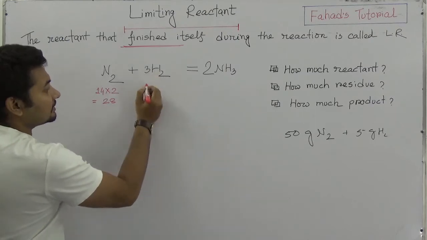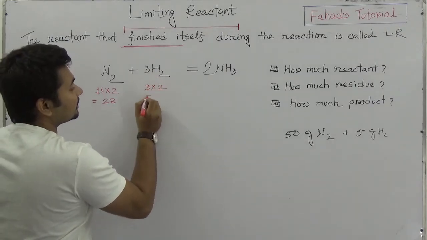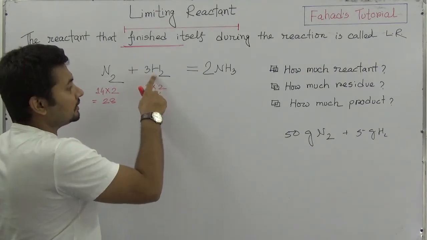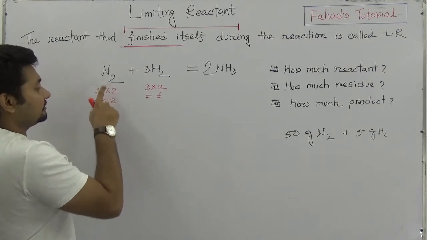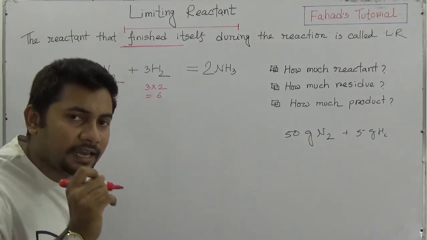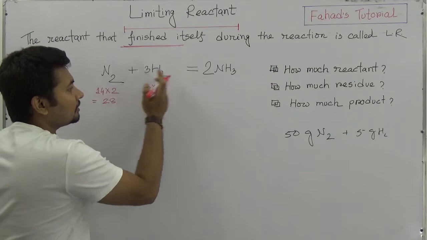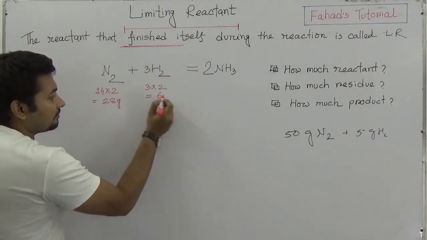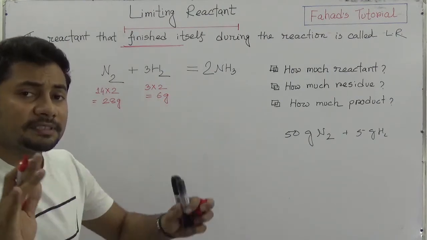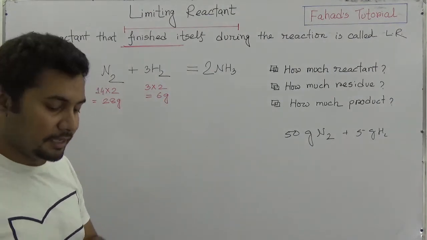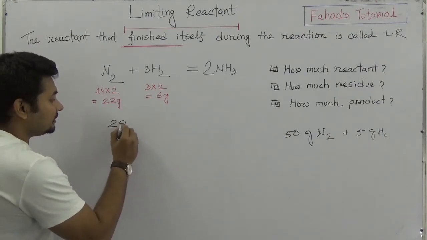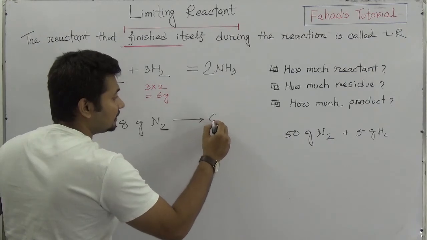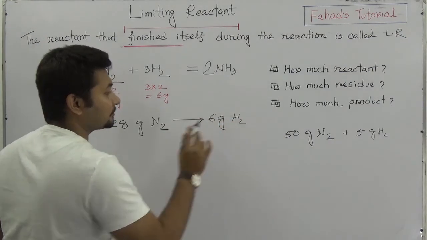And hydrogen is 1 times 2 and 3, so it's all 6. Nitrogen is 28. Now we have a standard equation: 28 gram nitrogen is reacting with 6 gram hydrogen.